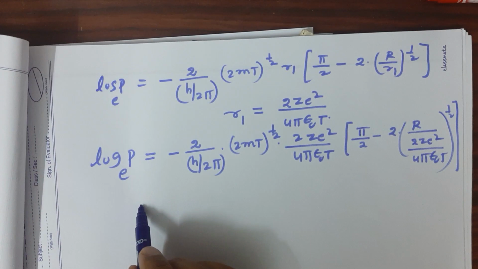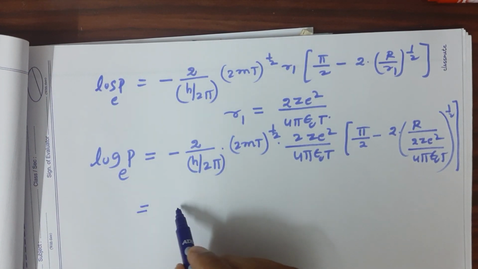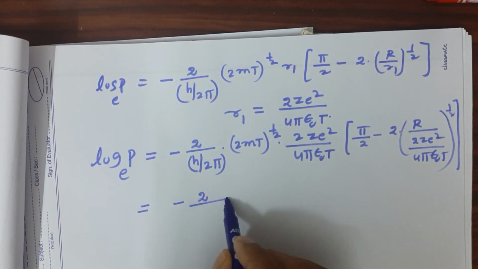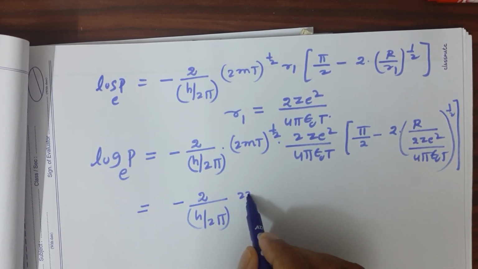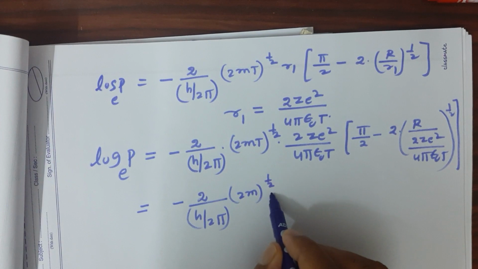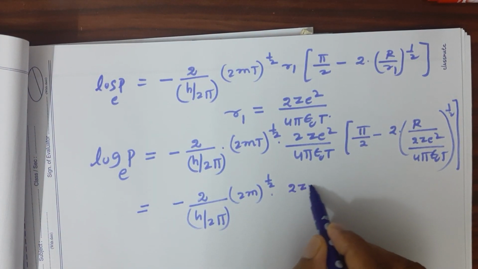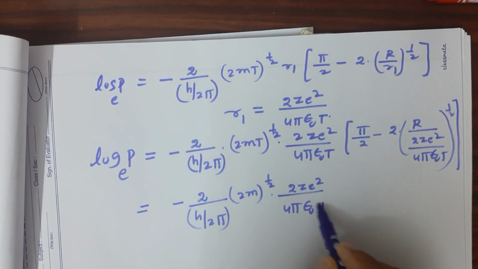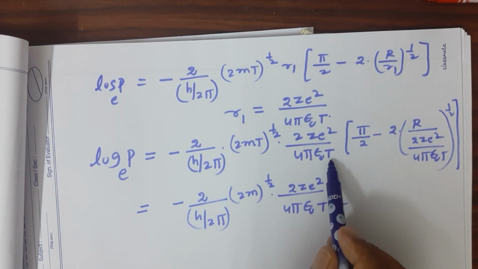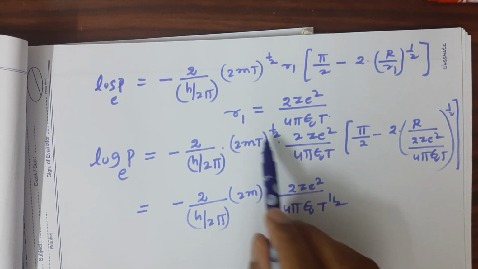Okay, so this is equal to minus 2 by h by 2 pi, 2m to the power half, 2Ze² by 4 pi epsilon naught, t to the power half. So this t to the power half and t to the power minus half cancel.